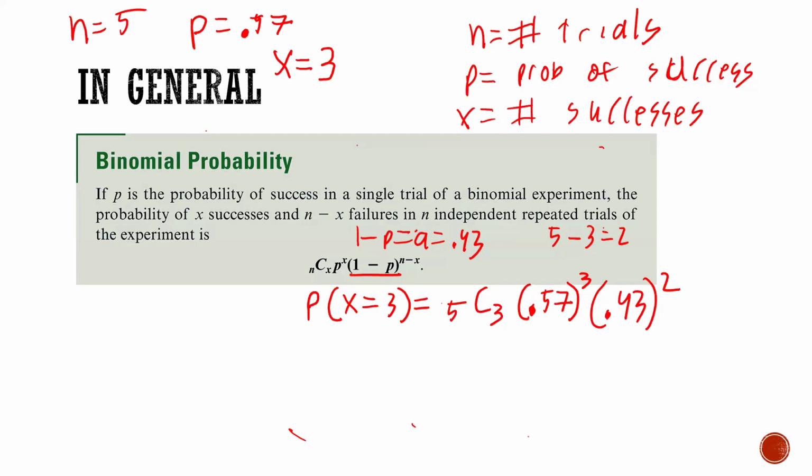But let's just look at this here, right? Assuming that not all of the trials are successes or all failures, there's different ways that it can occur. There's some ordering that occurs, right? Everyone following me? This is the number of orderings, the number of ways I can arrange those 3 successful free throws and the 2 unsuccessful ones.